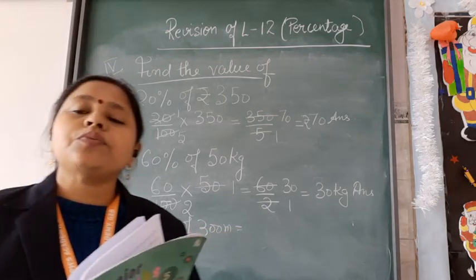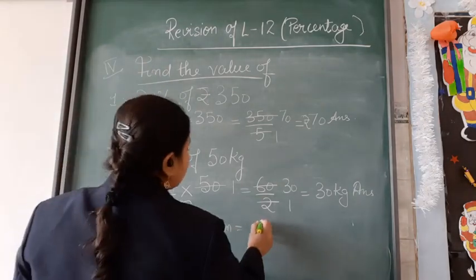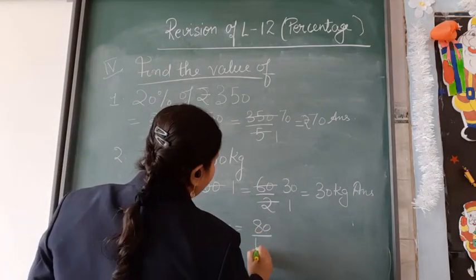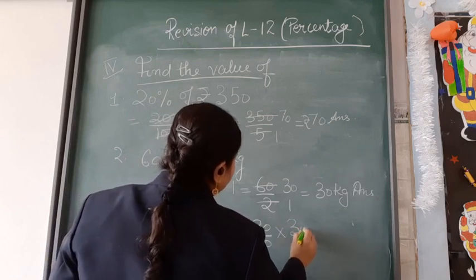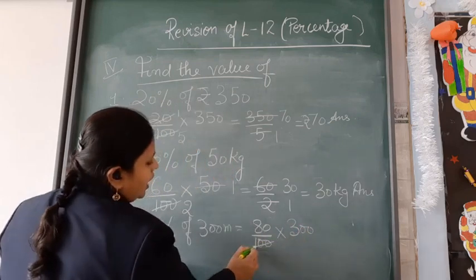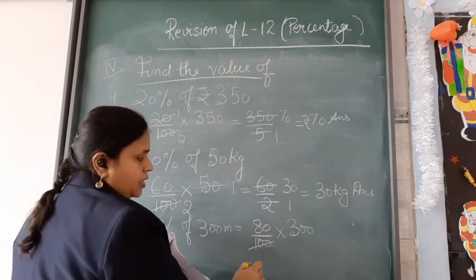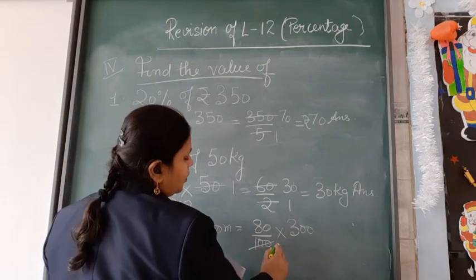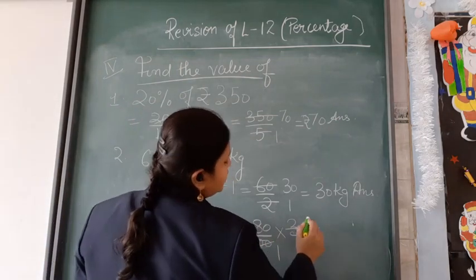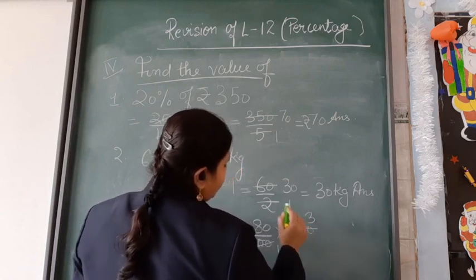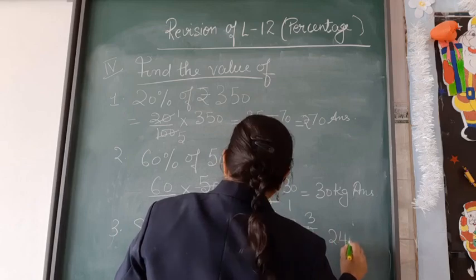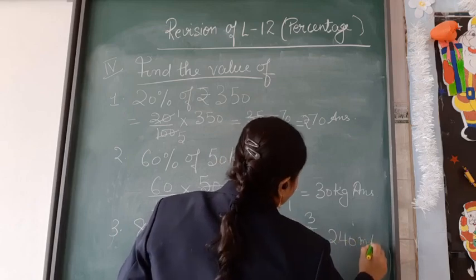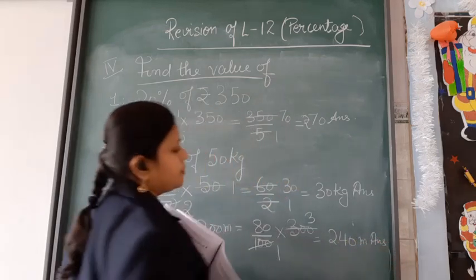So 80% of 300 meter. 80% means 80 upon 100 or 80 out of 100 multiplied by 300 meter. So we will divide 100 in the denominator by common number 100 and 300 in the numerator by common number 100. It will come 3. So what is our answer? It is 240 meter. This is our answer.